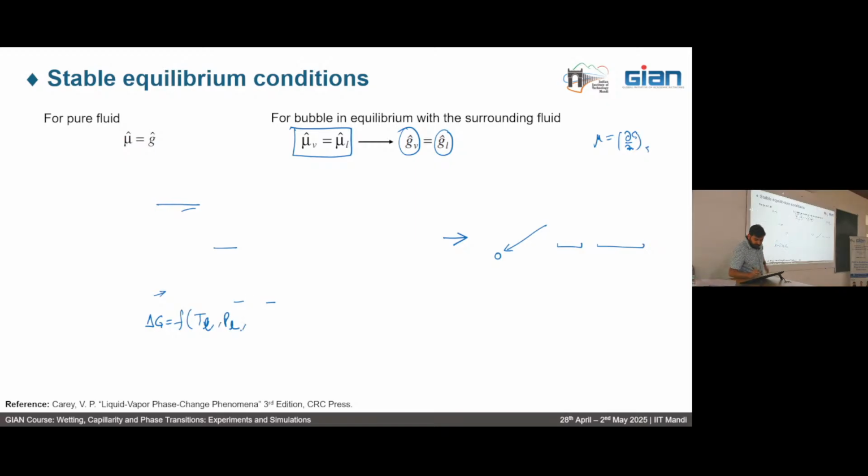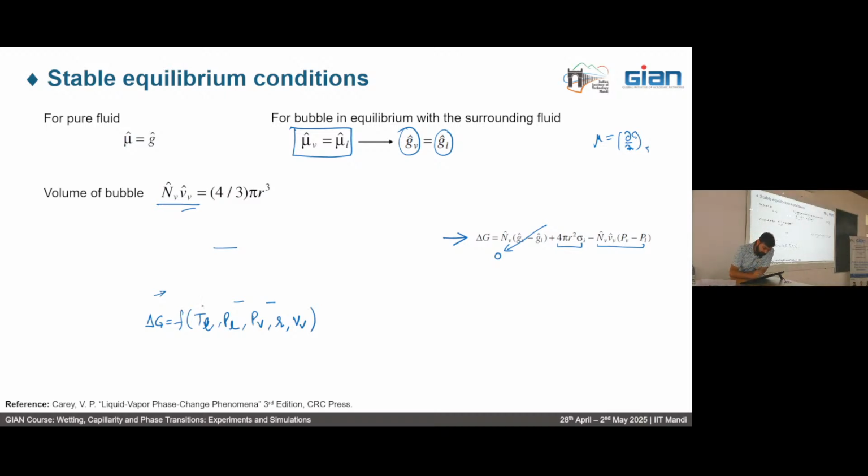It's further a function of P_V, and it is also a function of R, and it is also a function of V_V. On all these terms the change in Gibbs energy depends.